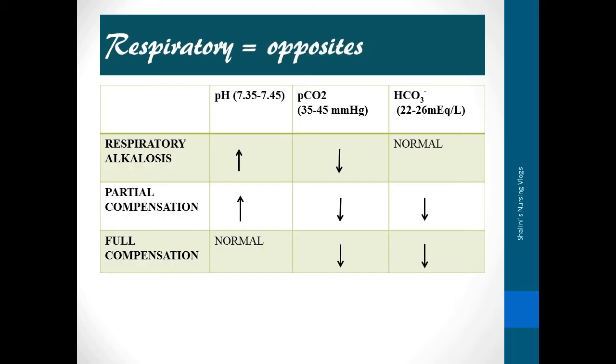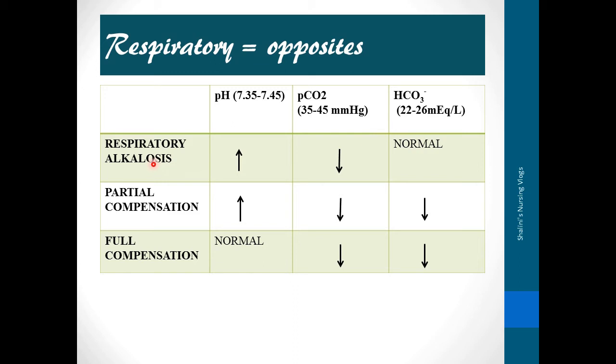If you look at the interpretation of ABG, I've already told you that in respiratory, the direction of defect is opposite. So in respiratory alkalosis, the normal pH is 7.35 to 7.45, but in alkalosis we expect the pH to be increased. PCO2 would be decreased, that is in the opposite direction, and the bicarbonate level would be normal.